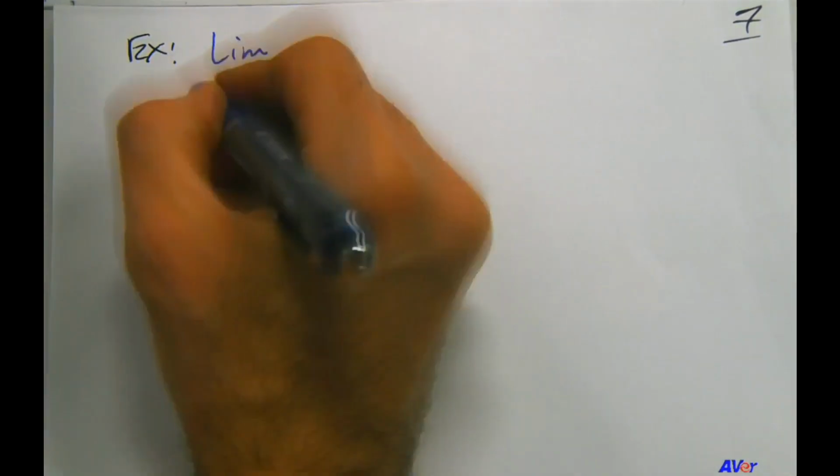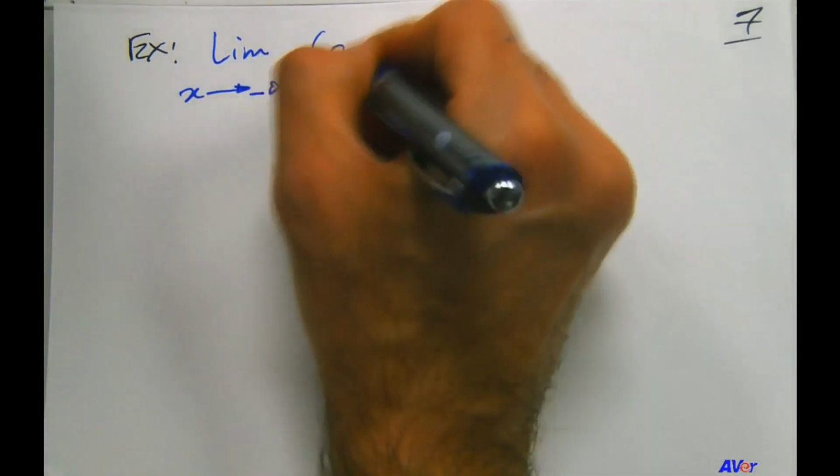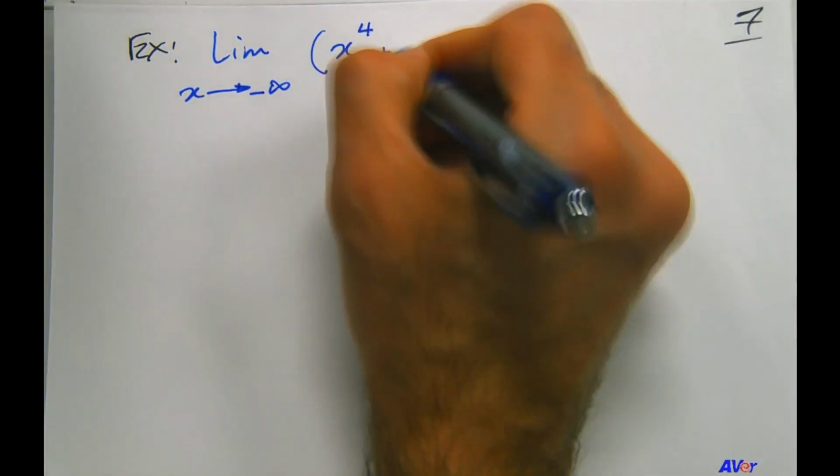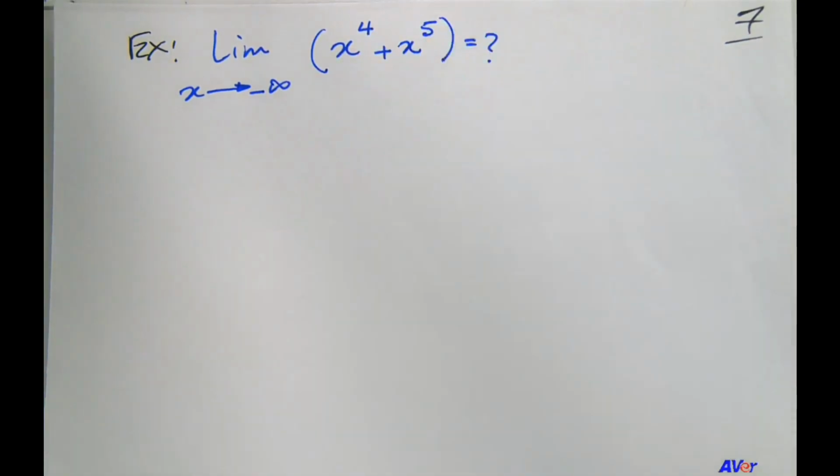Let's do another example. Suppose we want to find this limit, the limit as x approaches negative infinity of x to the 4th plus x to the 5th.